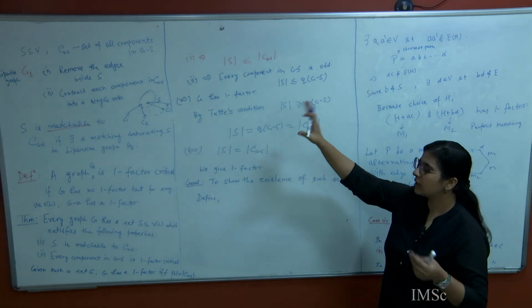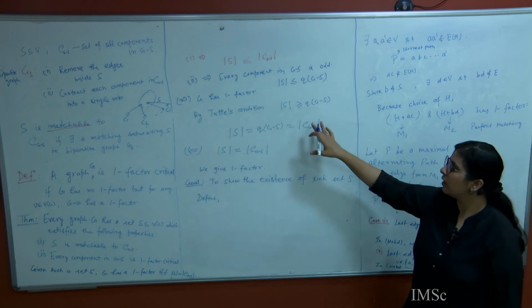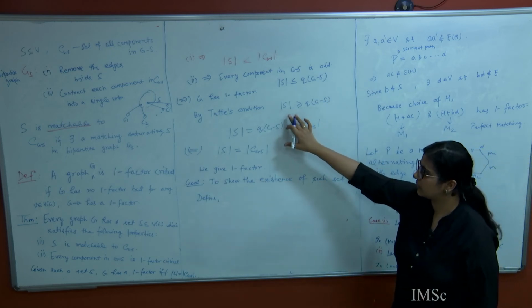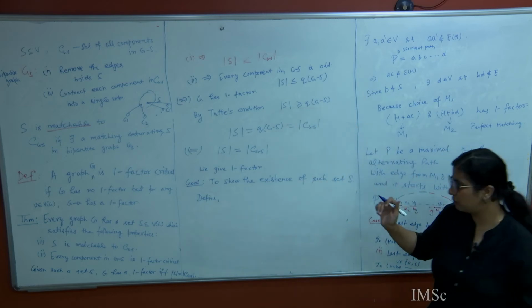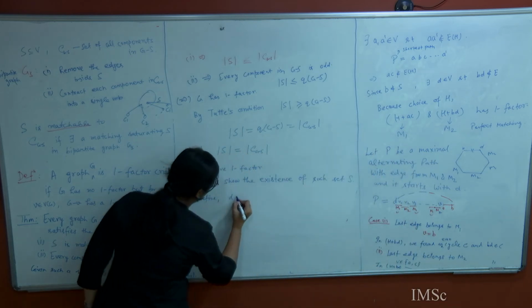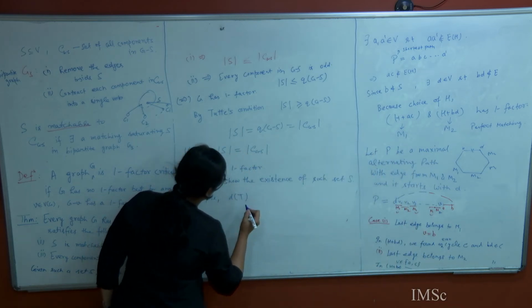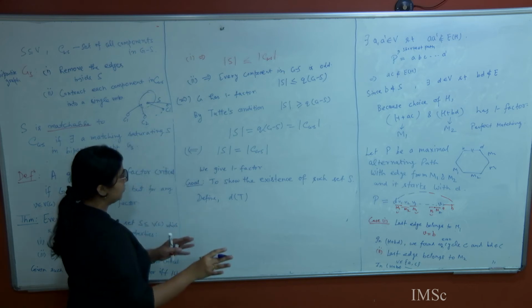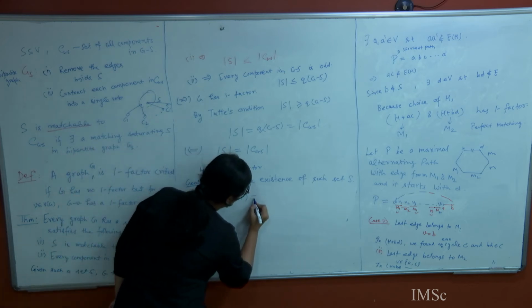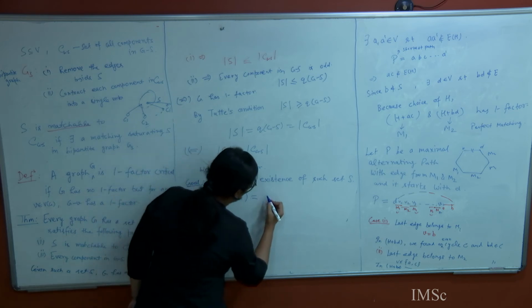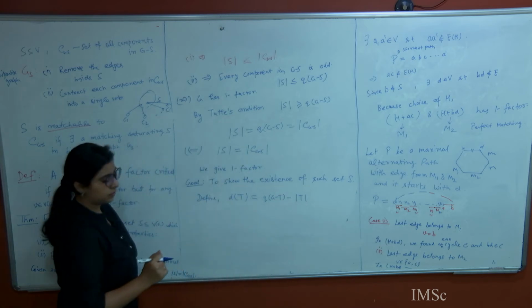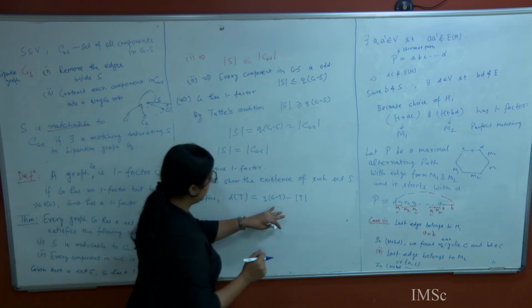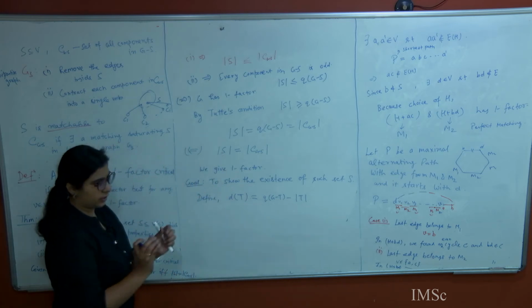If some set fails Tutte's condition, that means the cardinality of S is strictly less than the number of odd components of G minus S. So we define the measure d(T) as the number of odd components of G minus T, minus the cardinality of T. I am defining this measure for T.